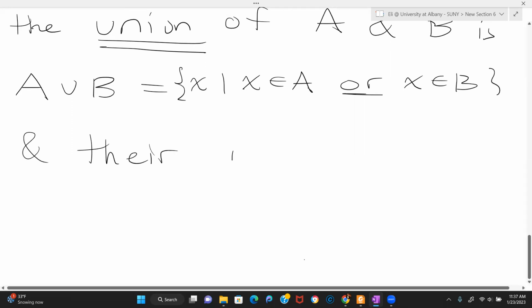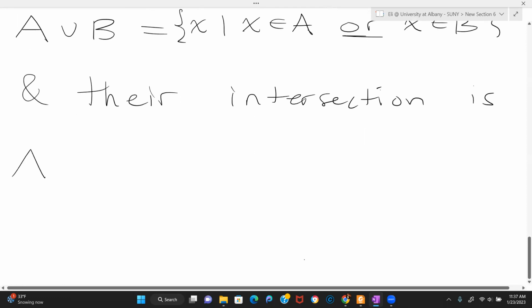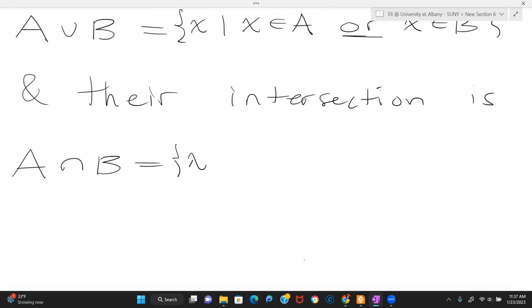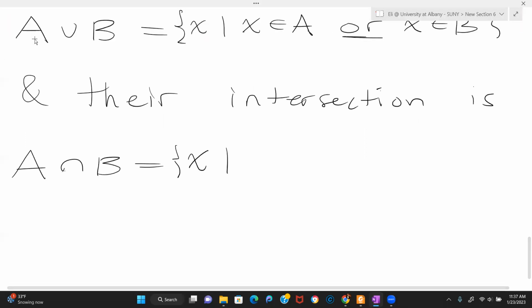And their intersection is denoted as follows. Again, we're going to use set builder notation to define this. So the intersection is like this cap here. Let me draw it better.